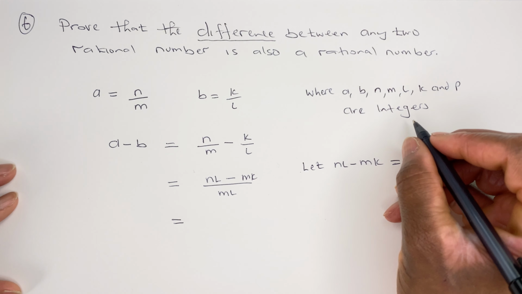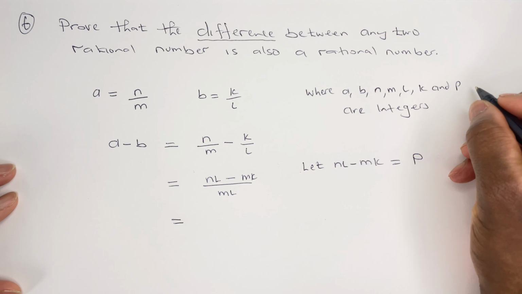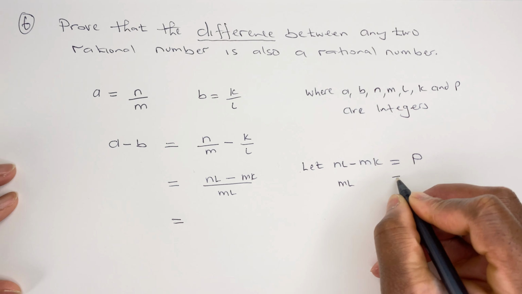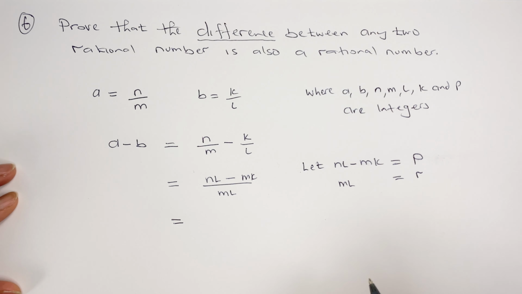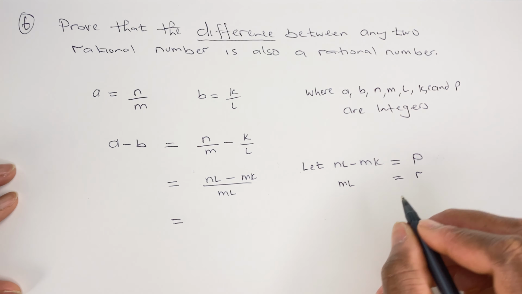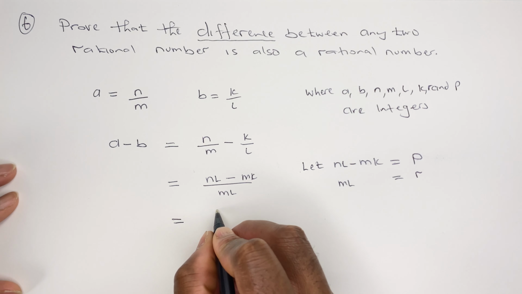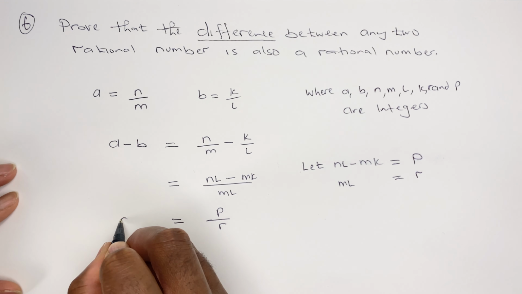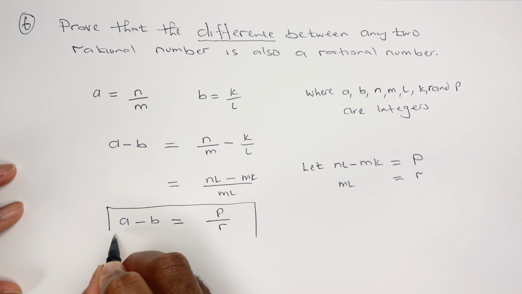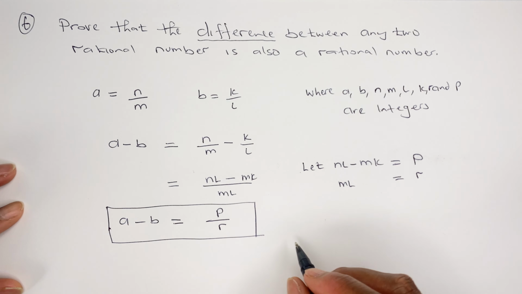But also since ml is an integer, I can also say let ml equal r, so I would have to put r here as part of the integers. Then I would say p over r is A minus B, which is also a fraction, which is also a rational number, because a fraction is a rational number.